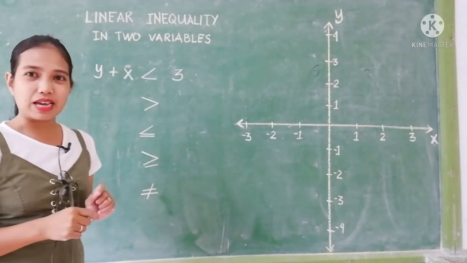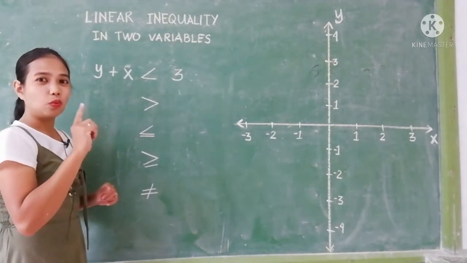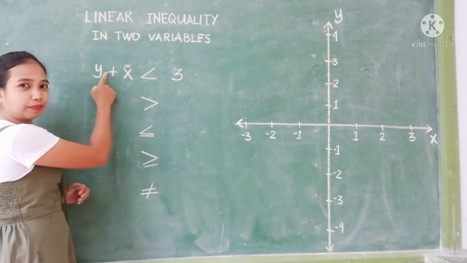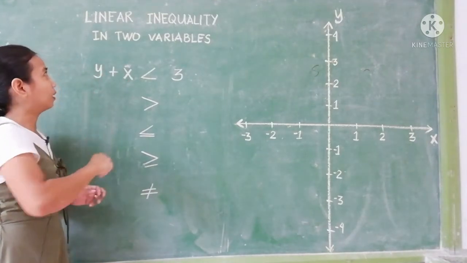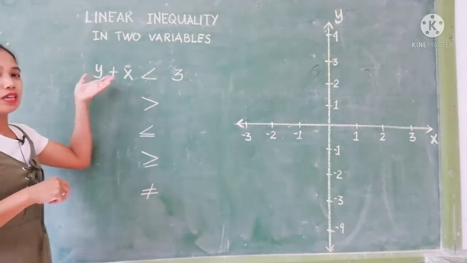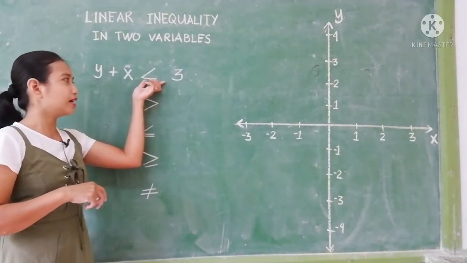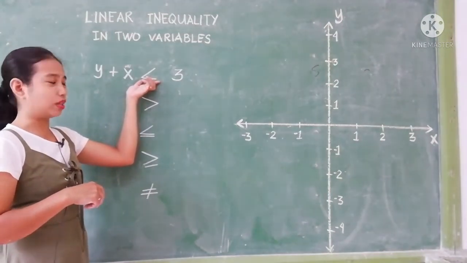So, ang ibig sabihin yan, it has an exponent which is equal to 1. So, the highest exponent here is 1. Y is raised to 1. X is also raised to 1. And it is inequality. Dahil gumagamit siya ng less than sign or less than symbol.